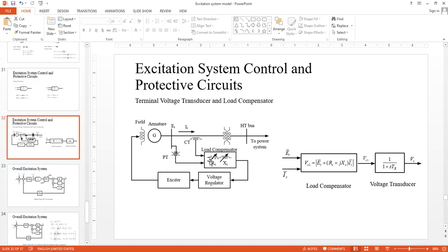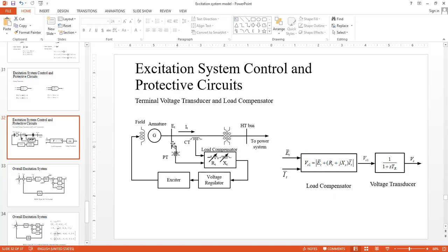If we don't want to consider RC and XC, that means we are explicitly interested in controlling the terminal voltage of the generator, represented by ET over here. In that case, you simply make RC and XC shorted, okay?